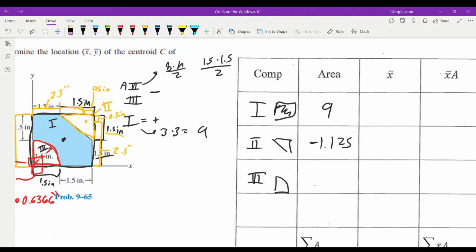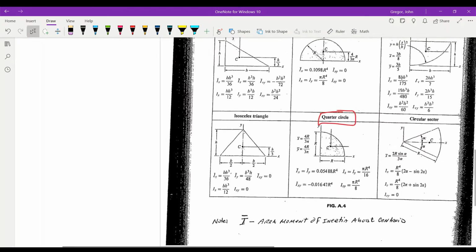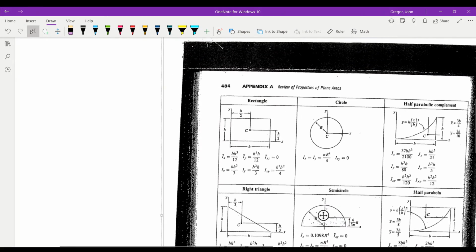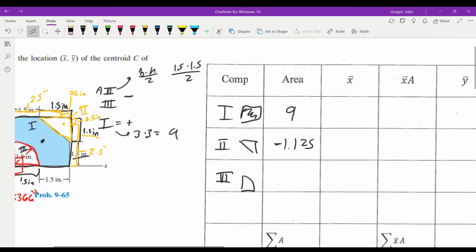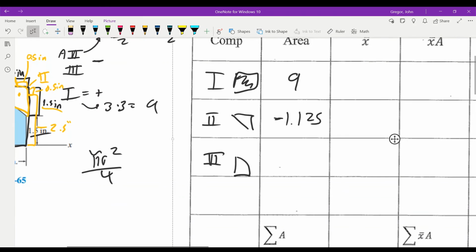For my quarter circle, I do pi r squared over 4. Pi r squared is the area of the total circle, and since this is a quarter of it, we divide by 4. So that means 1.5 squared times pi, divided by 4. This gives us a negative 1.767.